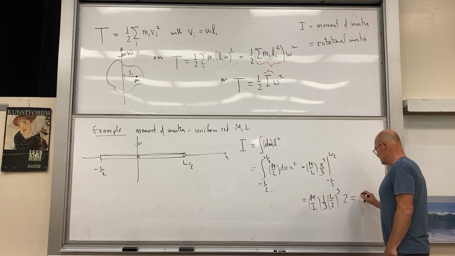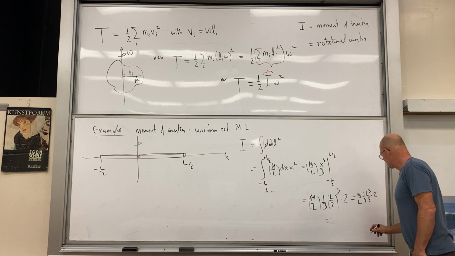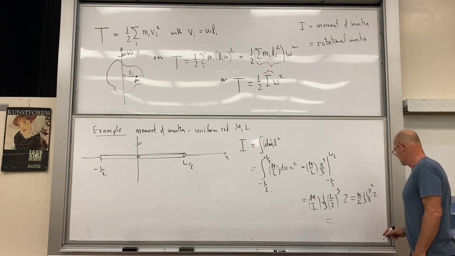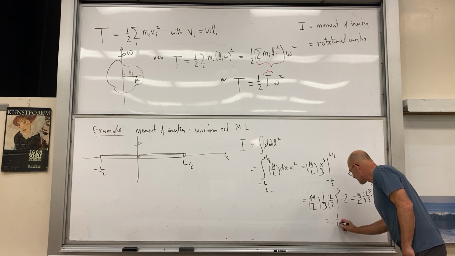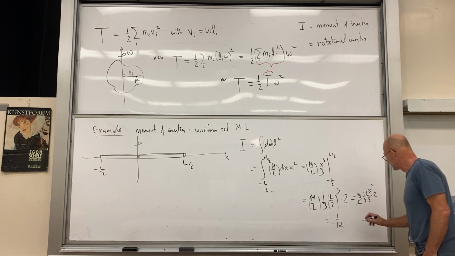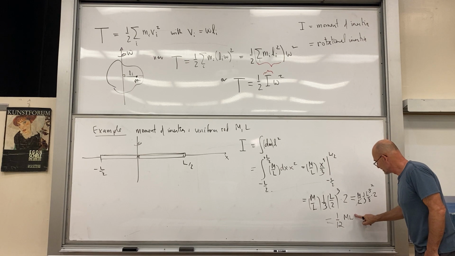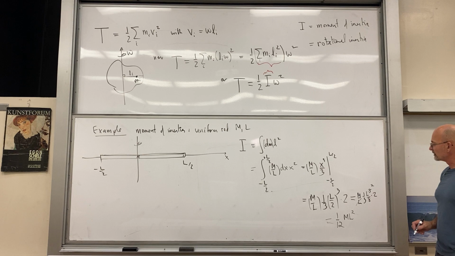So what do we get? M over L, 1/3 L cubed over 8 times 2. I'm going to cancel one of the L's, and 2 over 24, we're going to have 1/12 ML squared. There's our moment of inertia.